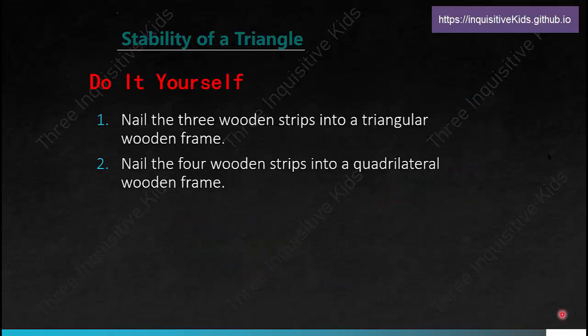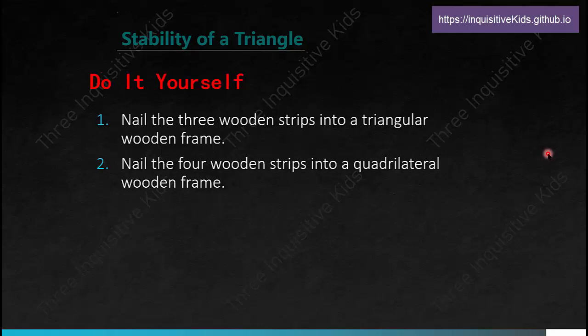Now we're going to learn about the stability of a triangle. Do it yourself. First, I want you to gather seven pencils, 7 sticks, maybe 7 popsicle sticks, and then come back to your computer, your device, whatever you're watching this video on. Do you have your supplies? Great.